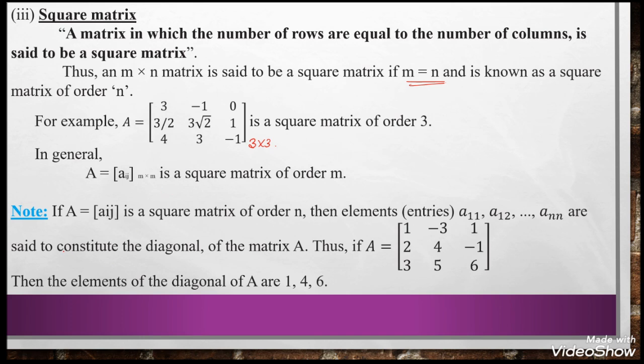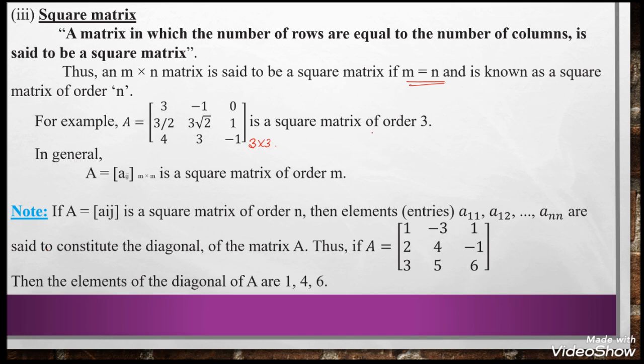If A equals Aij is a square matrix of order n, then the elements or entries of the given matrix A11, A12, A13 and so on up to Ann are said to constitute the diagonal of the matrix A. Thus, if A is the matrix, then the elements of the diagonal of A are 1, 4, 6.